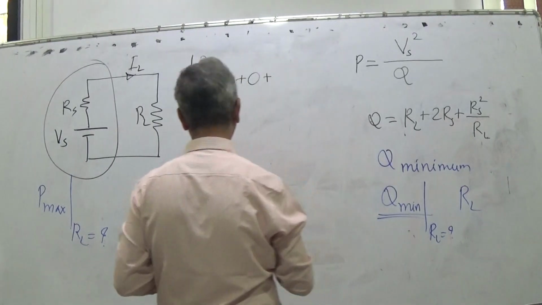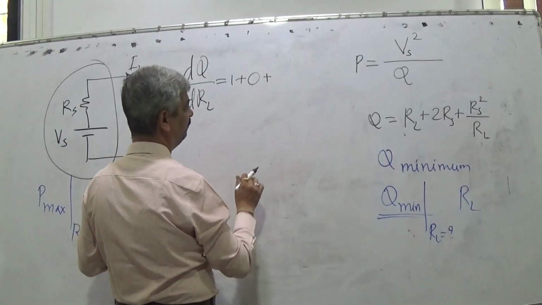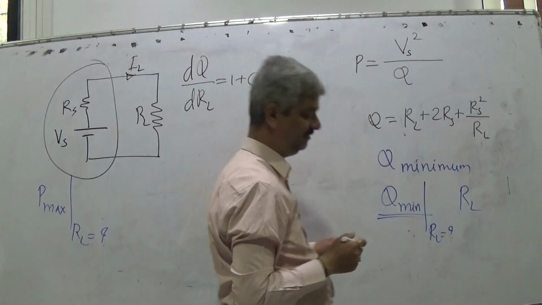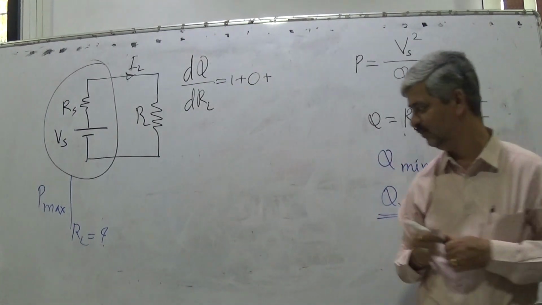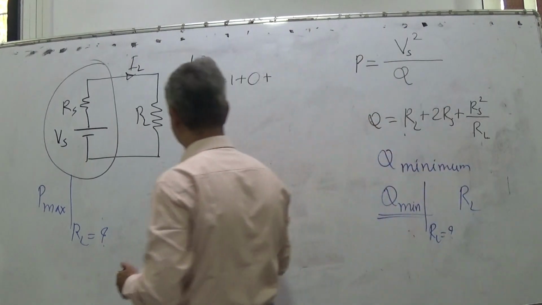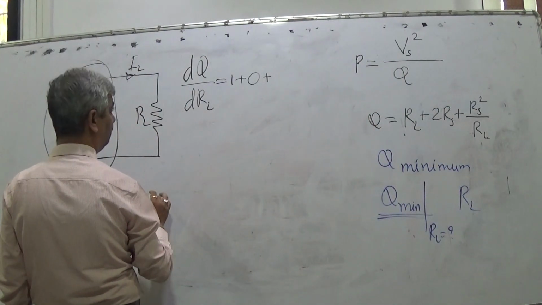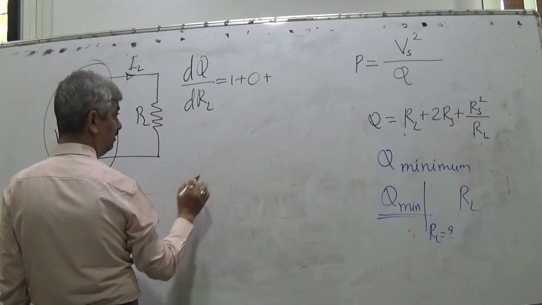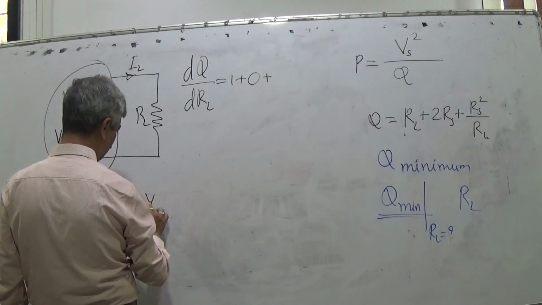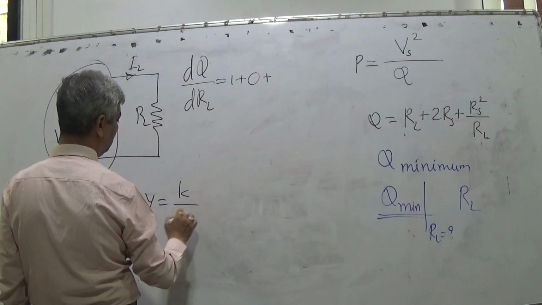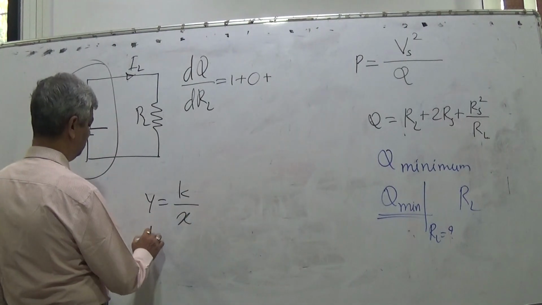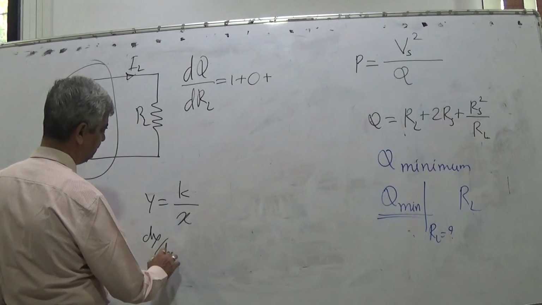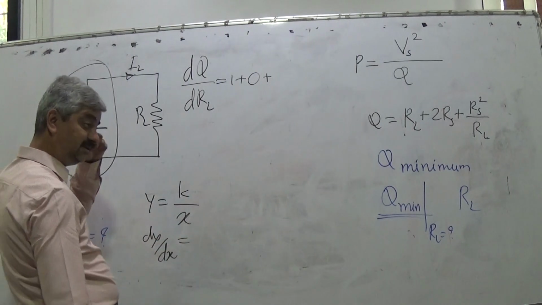What is the derivative of 1 upon x? If y is equal to k upon x, where k is constant, what is dy by dx?